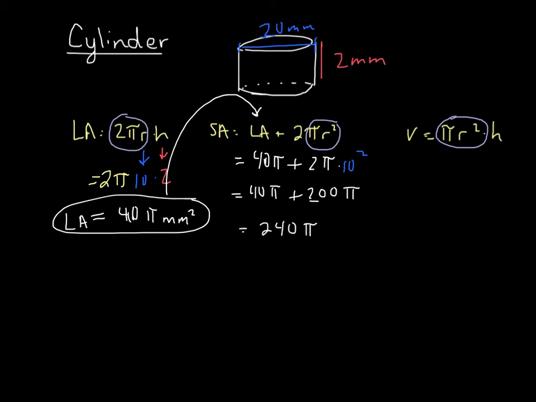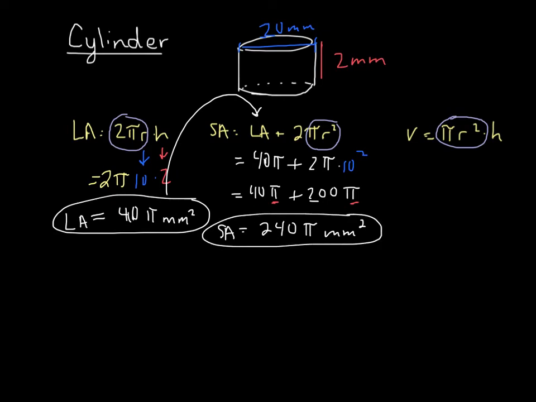These are like terms because they both have the pi, so I can go ahead and add them. 240 pi millimeters squared. My pen doesn't want to write that small. Millimeters squared for my total surface area.